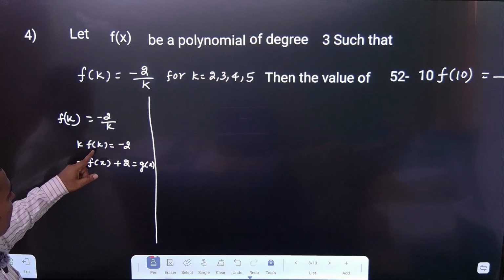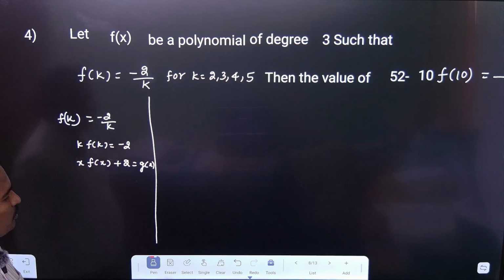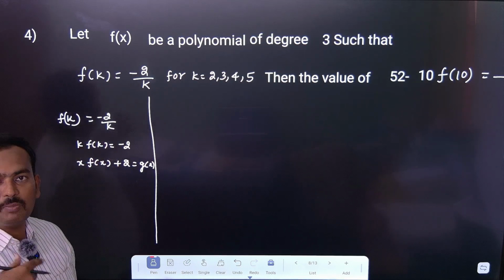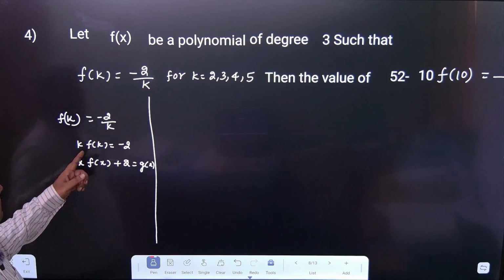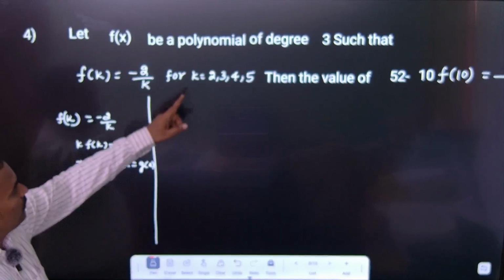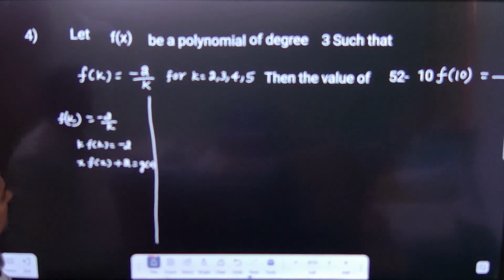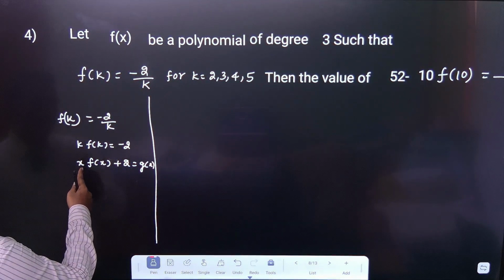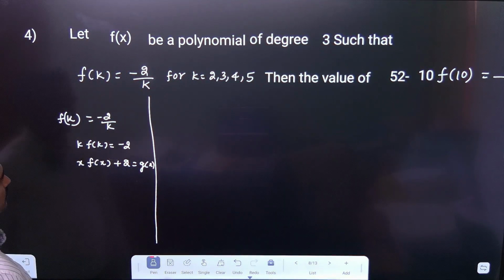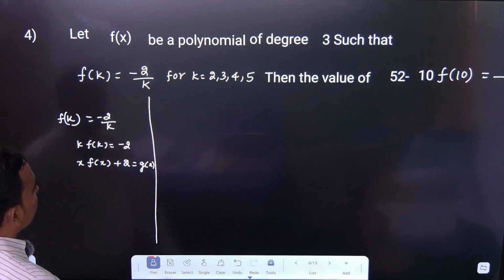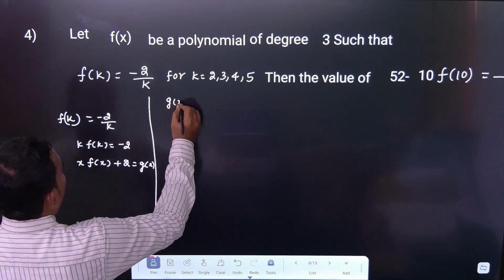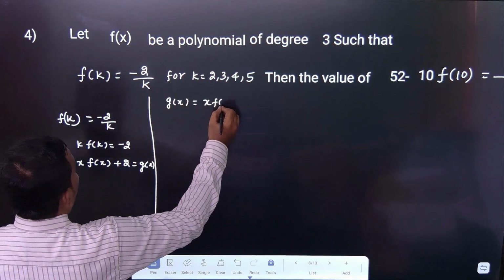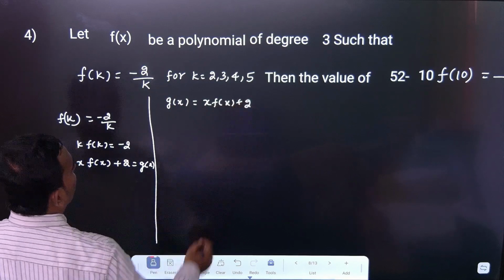Just cross multiply, k times f of k is equal to minus 2. I am just replacing, k may be any real number, right? But here particularly you can choose 2, 3, 4, 5 only. So generalized, you just replace k by x: x into f of x plus 2 is equal to g of x. Clear? Therefore, g of x we can write as x into f of x plus 2.